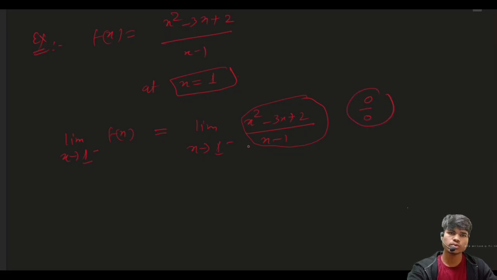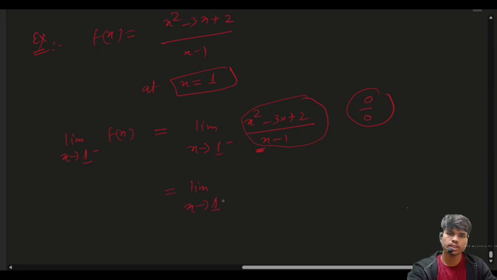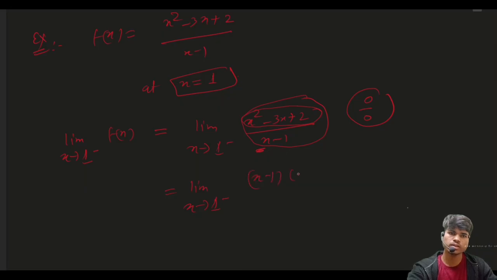So now we have to solve before putting the value x equals to 1. So solve this expression limit x tends to 1 negative. We can factorize this expression like x minus 1 into x minus 2 divided by x minus 1. Now we can cancel x minus 1 with x minus 1.